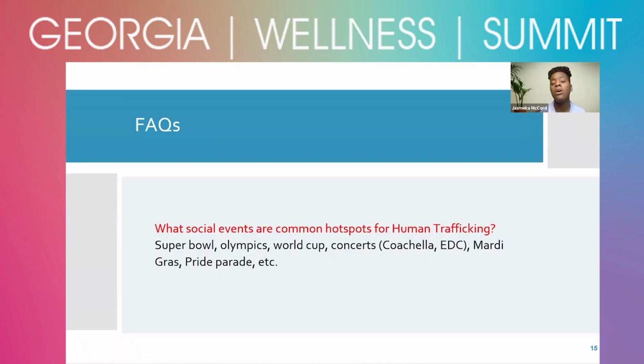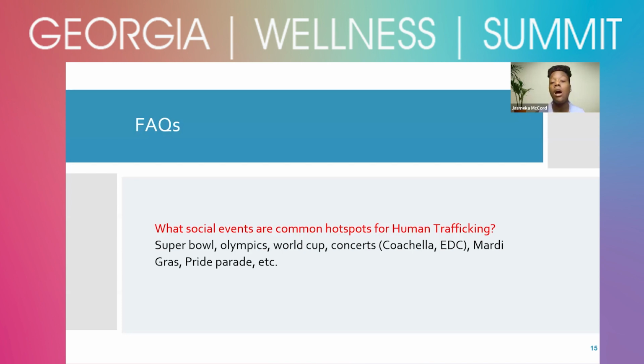Another FAQ is what are the social events that are common hotspots for human trafficking? Now, of course, any event that attracts a lot of attendees, a lot of money in the area, a lot of tourism, a lot of transactions is going to be a hotspot of human trafficking. The Super Bowl is, I think, the most televised event in the United States.